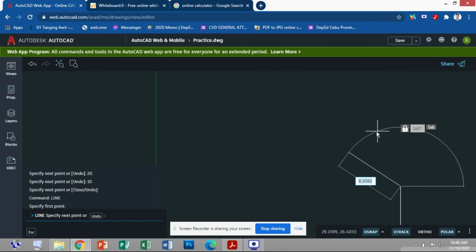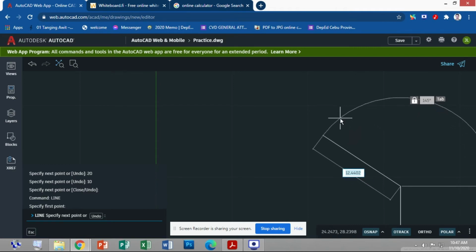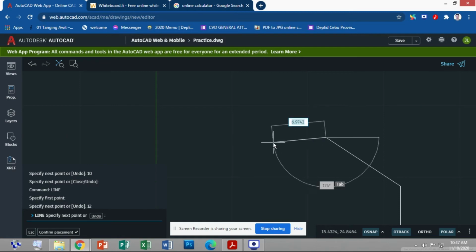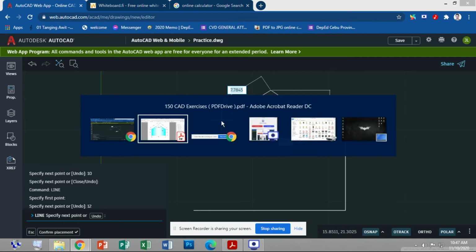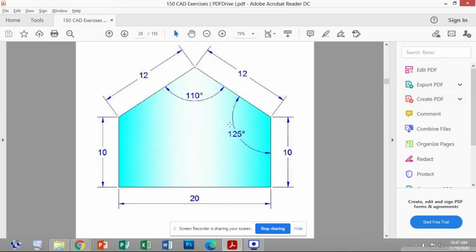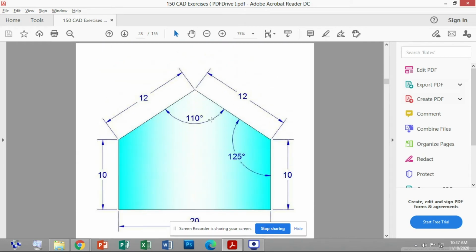Hindi na yan mag-a-adjust ng angle kasi na-lock na, na-type ko na. Tapos, tab, kailangan kasi nating i-adjust yung length pa, which is 12. Then, tsaka lang hit enter. Okay, that's it.